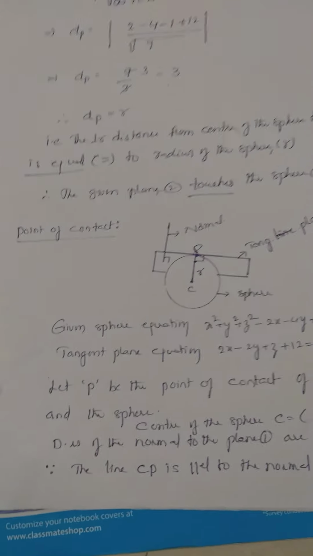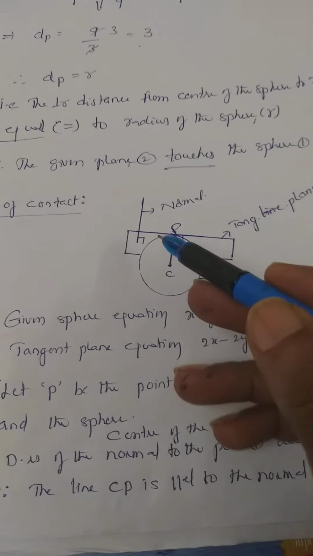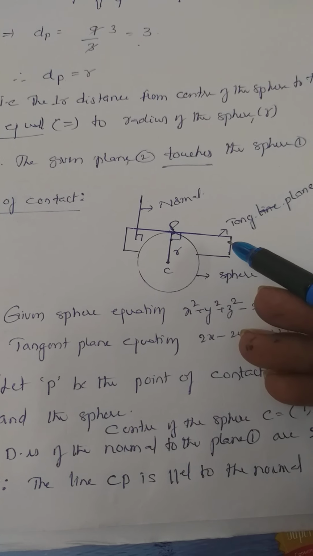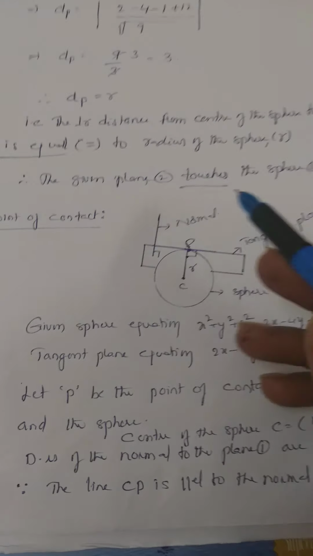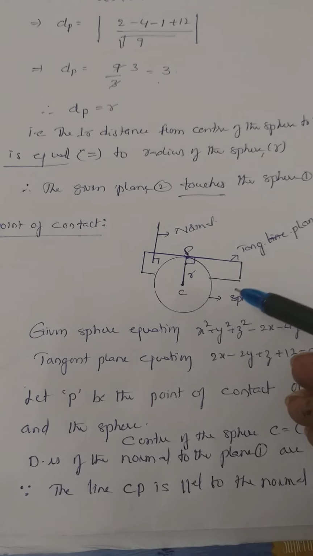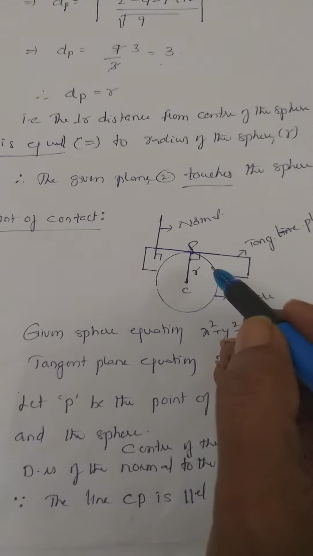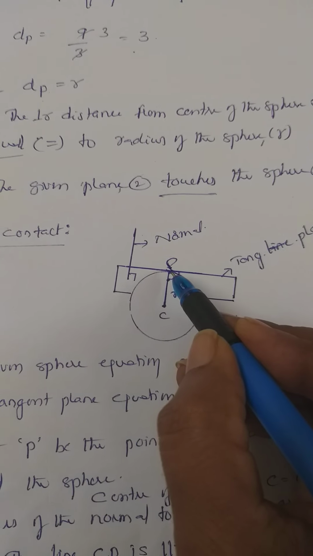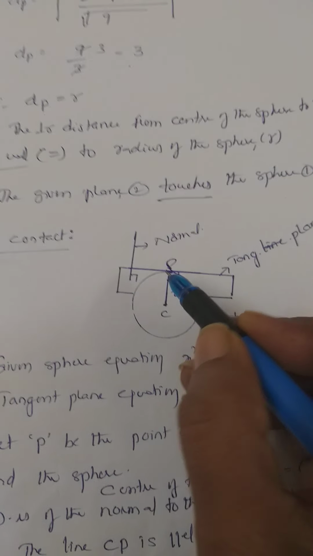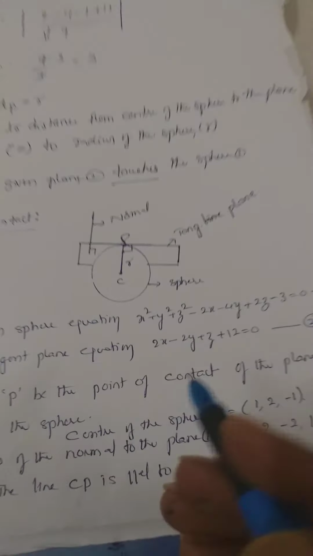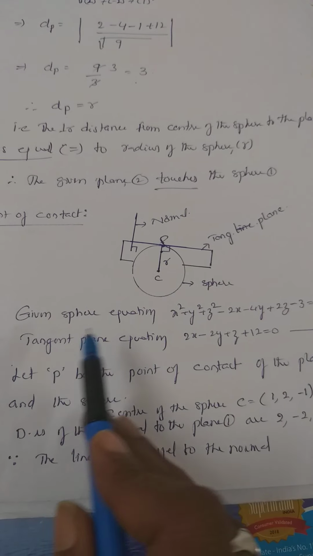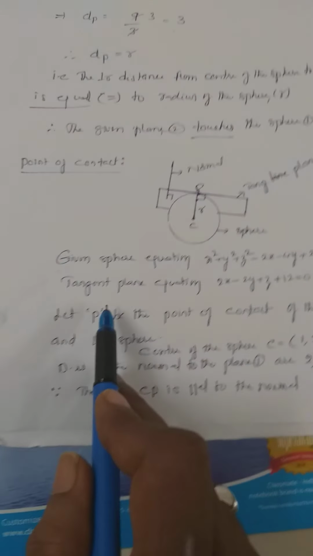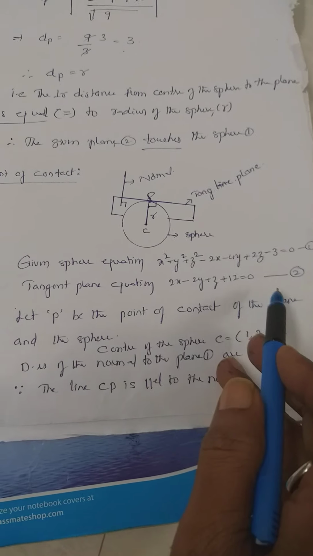This is a continuation. Now we know that this is the sphere, this is the given plane, and this given plane is a tangent plane. According to this conclusion, this plane touches the sphere. We need to find the point of contact p here, right? Now see what you wrote. Once again we wrote the given equation of the sphere is 1 and the given plane equation is 2, right?